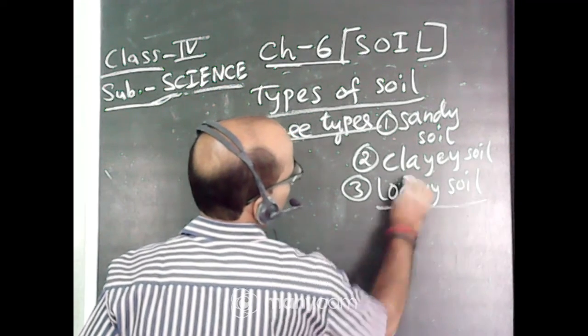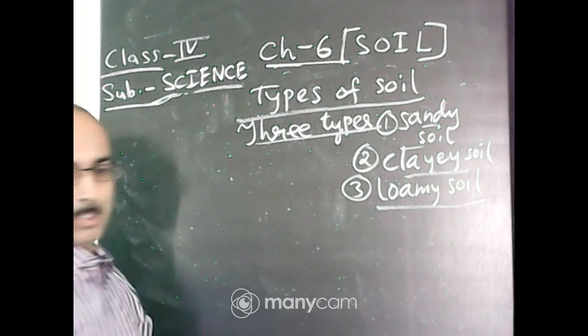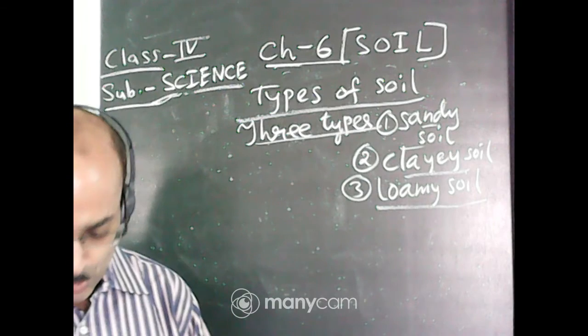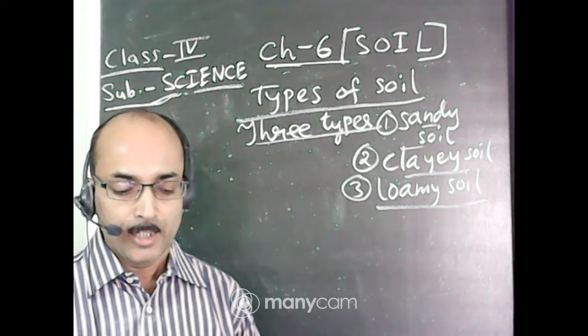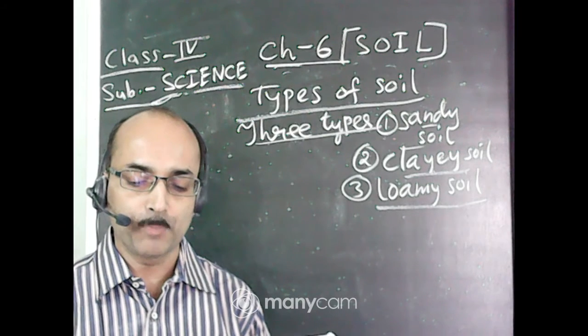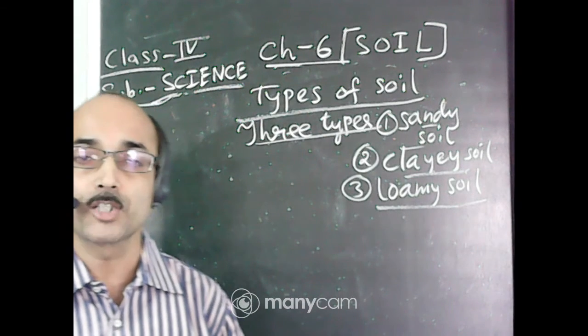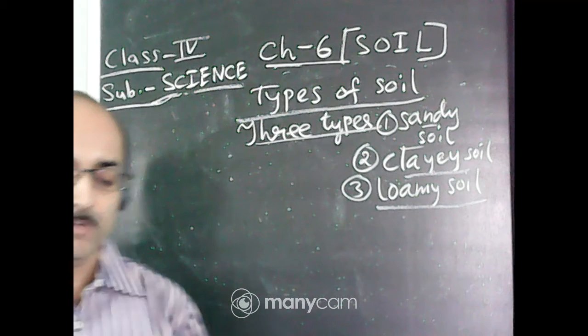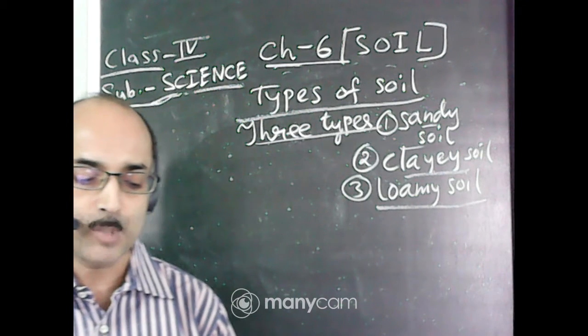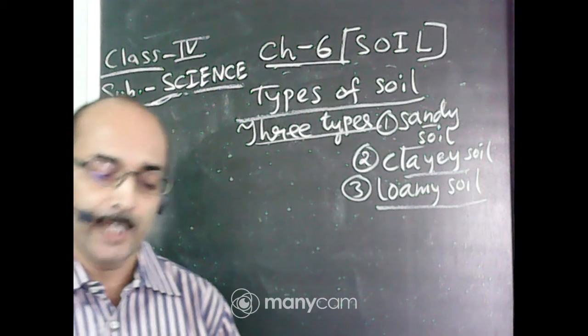Different places have different types of soil. The types of soil depend upon the kind of rock from which it is formed. Soils differ in size, color, and texture of particles.